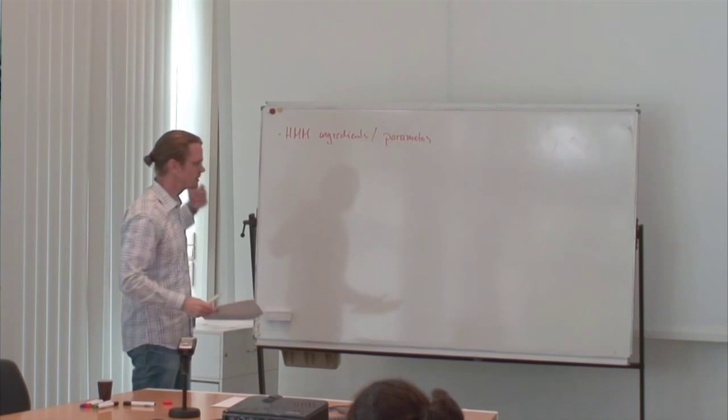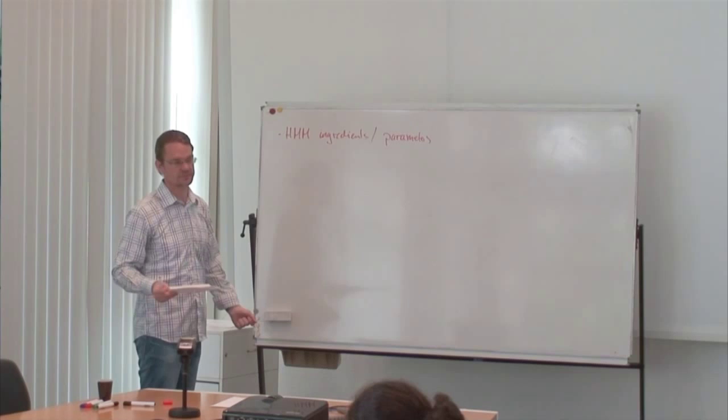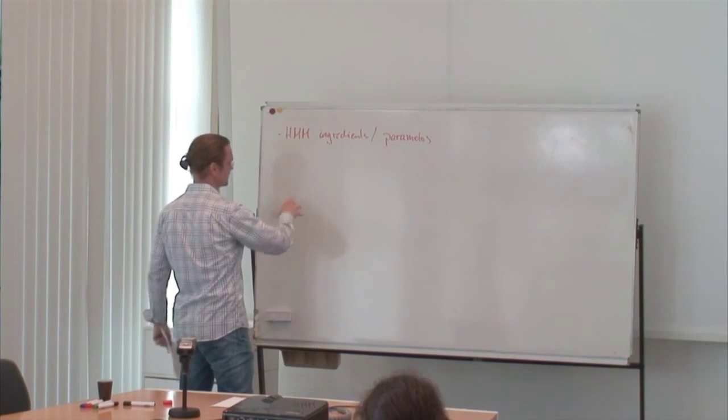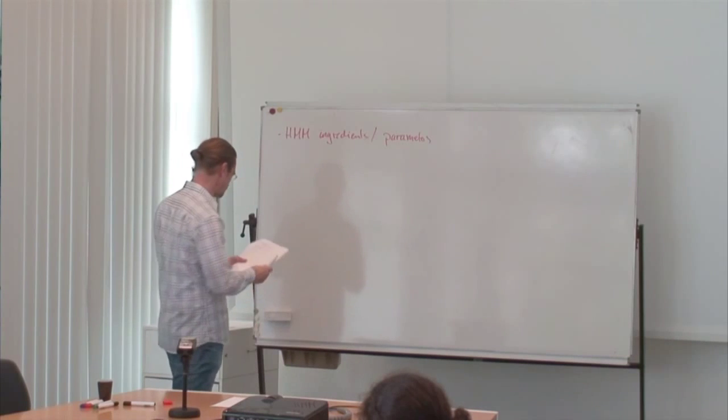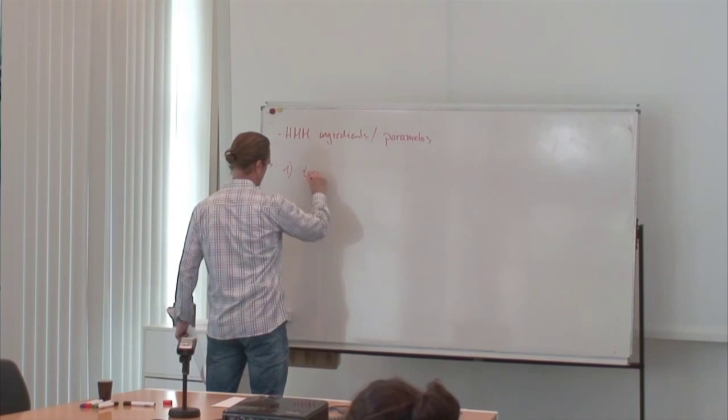There are basically 3 things we have to keep in mind, given the factorization, the conditional probability we just wrote down. But first of all, there are these transition probabilities.